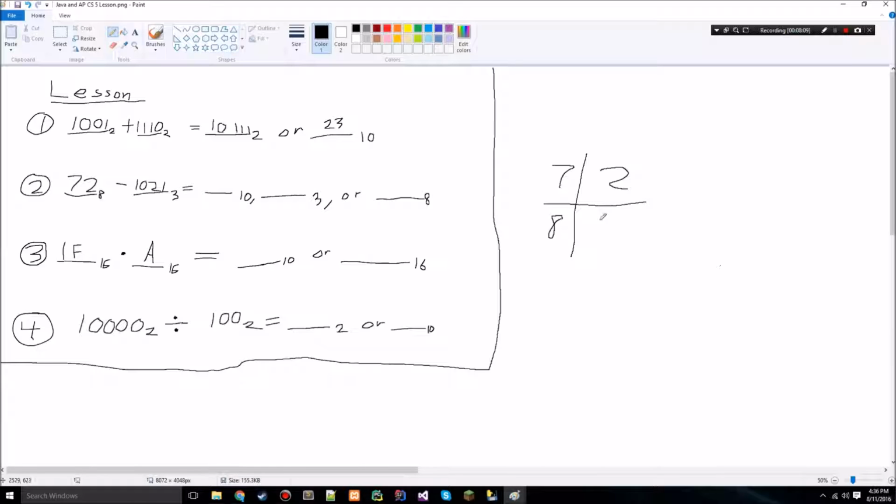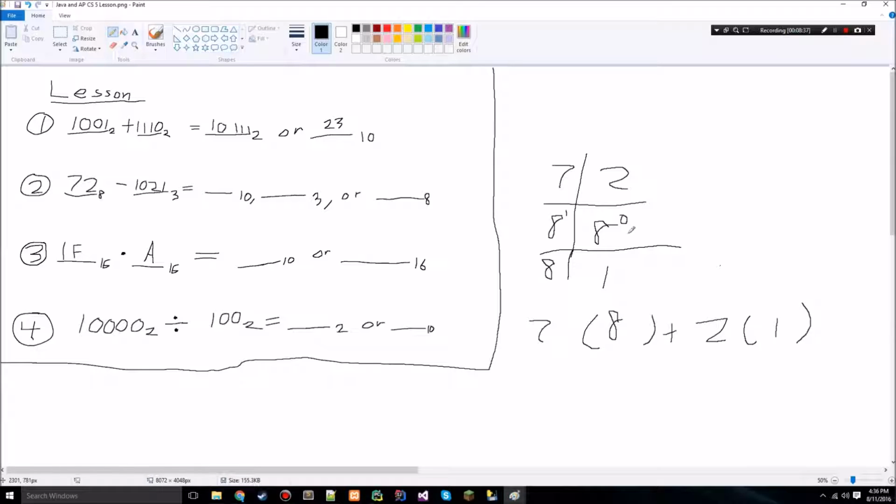We don't have to write powers anymore, but why not? It helps. So 8 to the 0, that's 1. 8 to the first is 8. So we have 8 to the 1, 8 to the 0. We write this out as 7 times 8 plus 2 times 1.